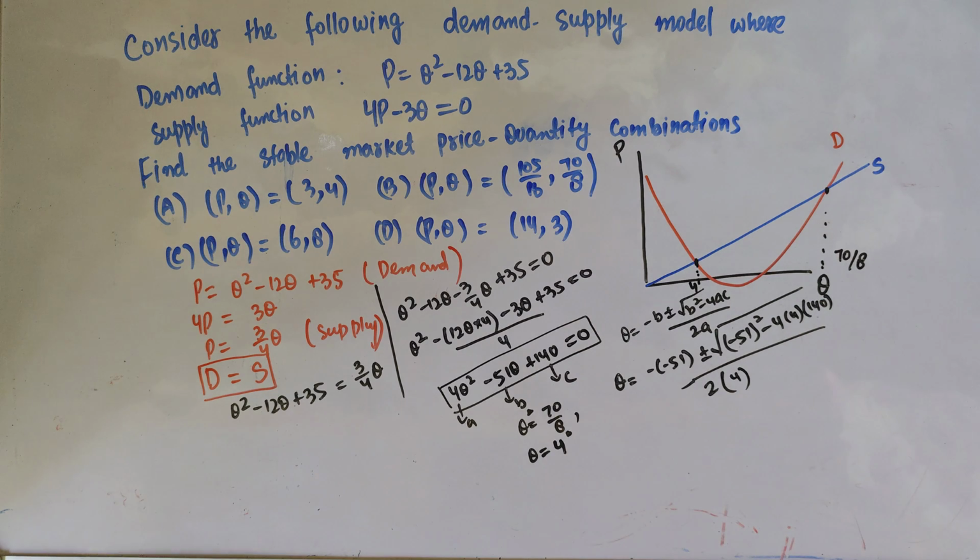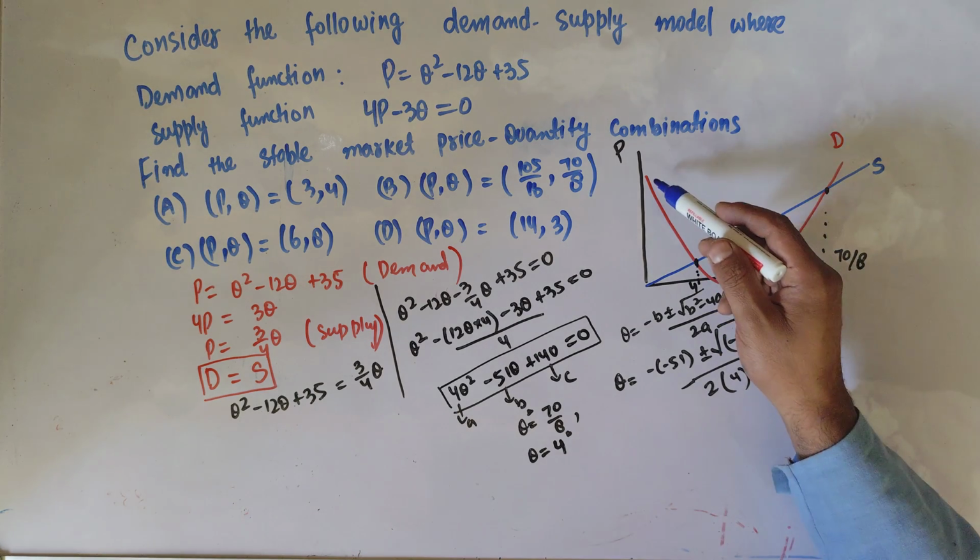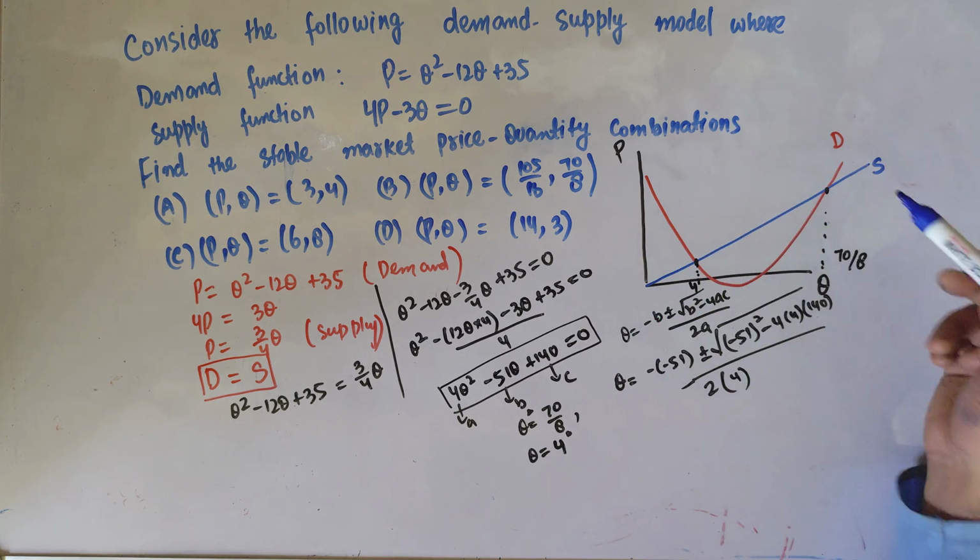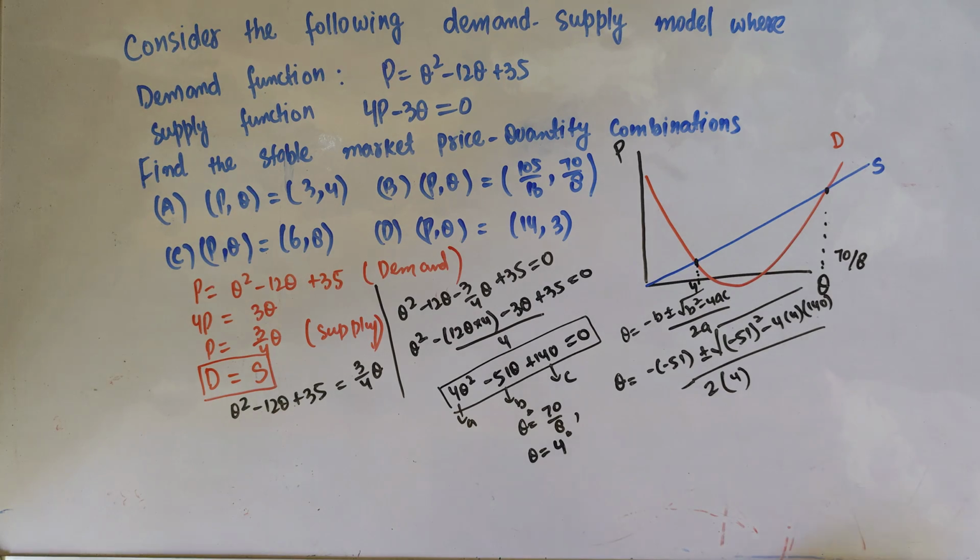Now which of these will be a stable equilibrium here? The condition for stable equilibrium, as we know, is that we should have a downward sloping demand curve and an upward sloping supply curve.